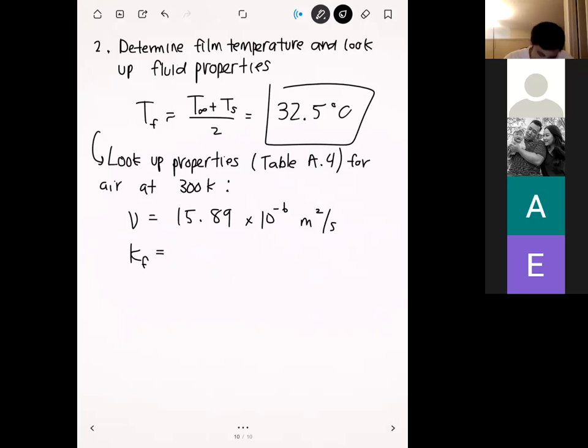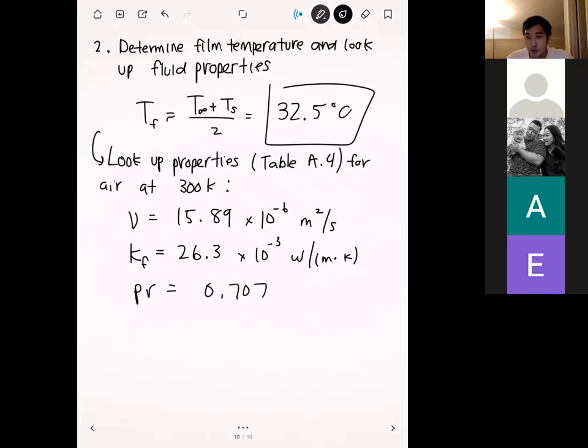Then we get a thermal conductivity of 26.3 times 10 to the minus 3 watts per meter K. Okay, and the Prandtl number we see is 0.707.